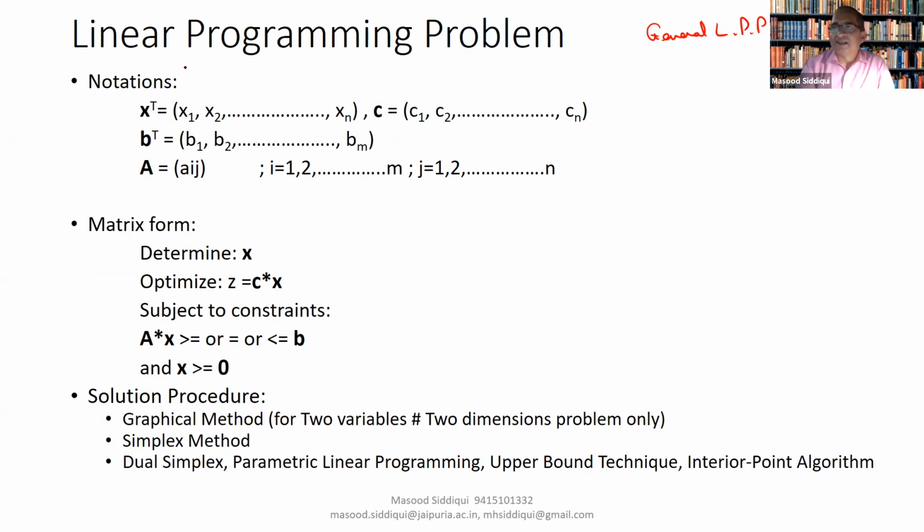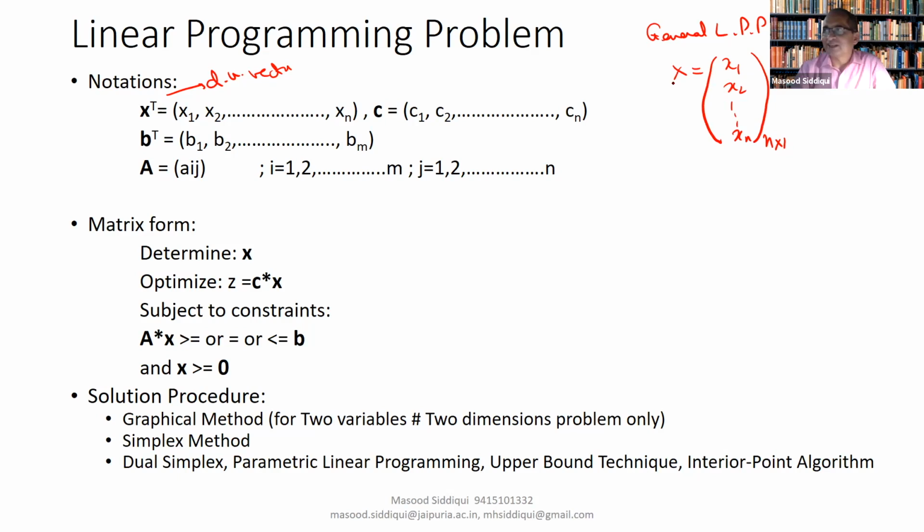So here the decision variables are X. We are considering the decision variable vector, that is X, which is X1, X2 going up to Xn, of order n cross 1. So this is the decision variable vector.